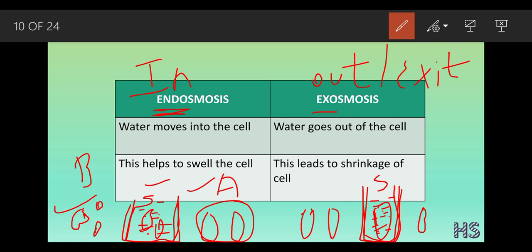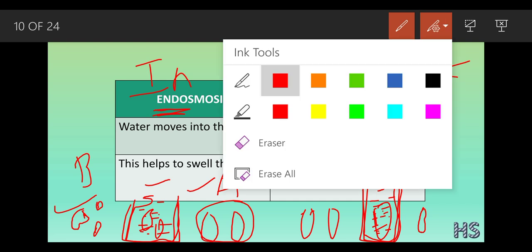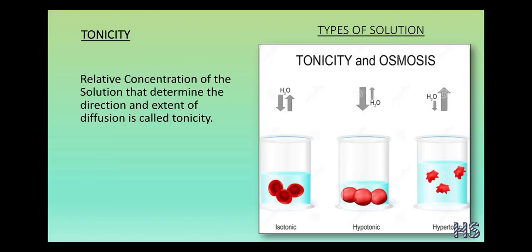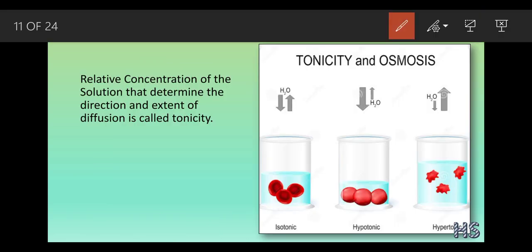Now let's understand what the different types of solution are. This means tonicity. I'm going to read the definition for you, then I'm going to make you explain.